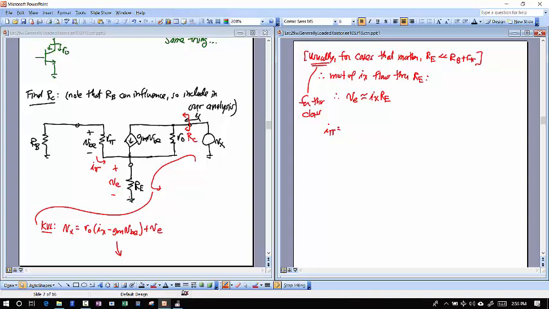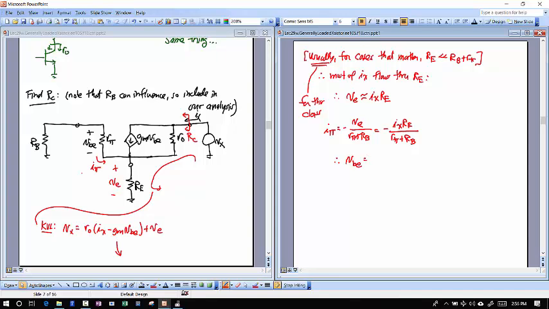This VE voltage is applied across RE, but it's also applied across R pi plus RB, right? So I can choose to say that this is going to be minus VE over R pi plus RB, okay, which I can now say, using this approximation up here, that VE is Ix times RE divided by R pi plus RB.